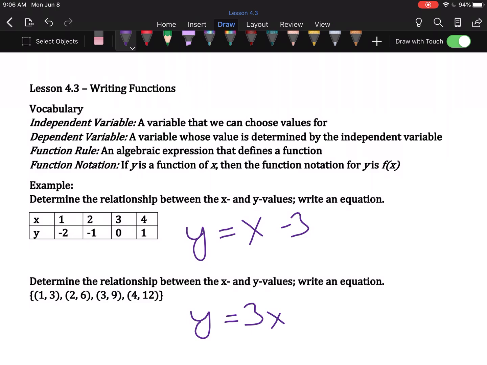Now, these, what we just wrote, are function rules. Going back to the vocabulary, it's the third one down. An algebraic expression that defines a function. Y equals x minus 3, y equals 3x. These are function rules. Function notation says if y is a function of x, which means I figure out y by doing some manipulation to x, like subtracting 3 from it or tripling it, then function notation for y is f of x.